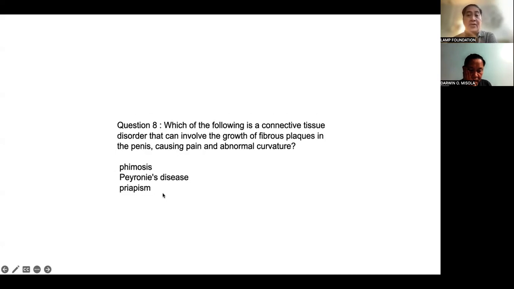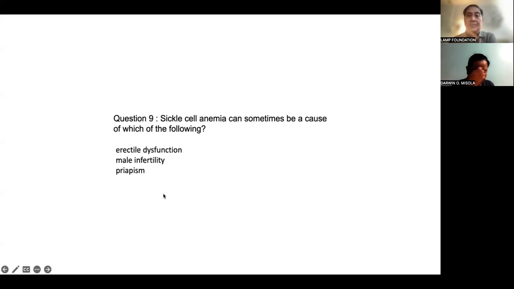Which of the following is a connective tissue disorder that can involve the growth of fibrous plaques in the penis, causing pain and abnormal curvature? Peyronie's disease, Doc. Sickle cell anemia can sometimes be a cause of which of the following? Rheumatism, Doc.